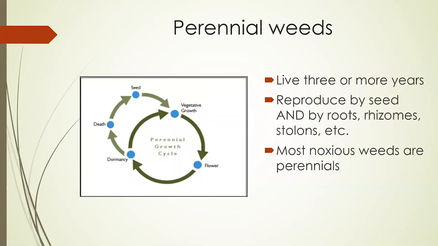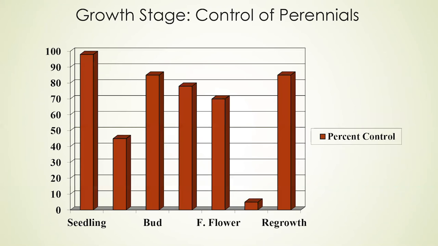Now, perennials live for 3 or more years. So this is why it's important to decide if it's an annual, biennial, or perennial that you're trying to control. Again, seedling stage, 95% control on all of these different annual, biennial, or perennial plants. Perennials are different because the control goes down in that early vegetative state.